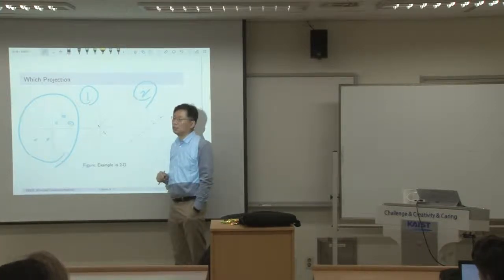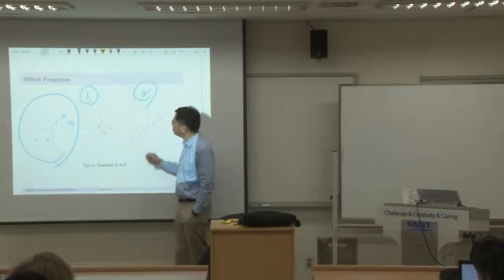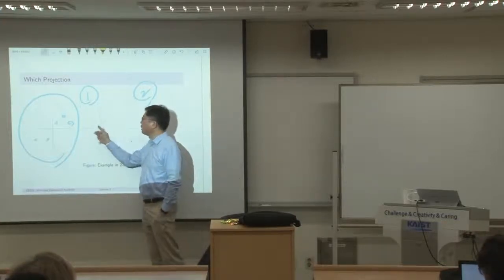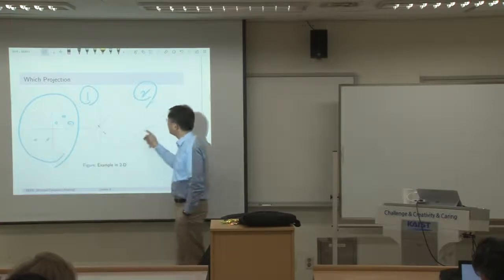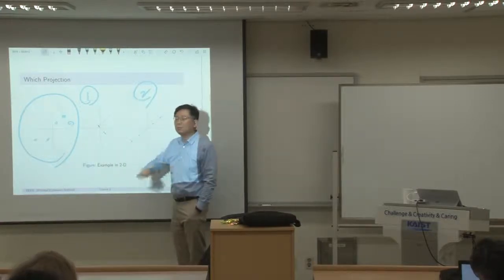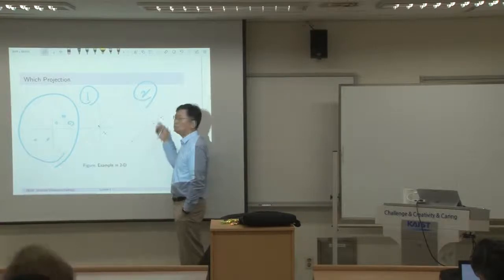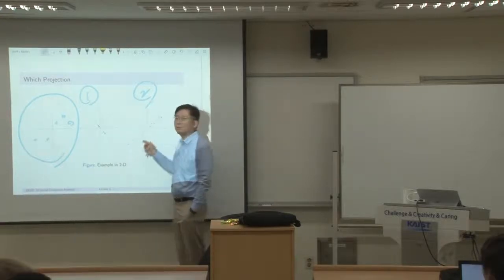But what I want to get at is not the concept of loss of information, but variability. As you project on this line, the points tend to be what? Squashed together. Whereas in this case, the points are spread apart.